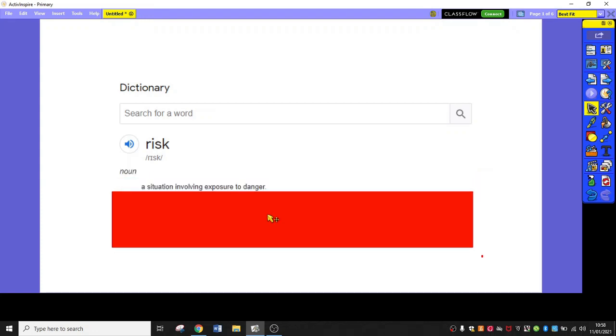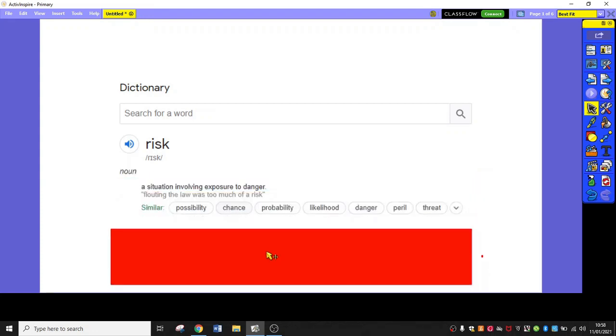As you can see, it is a noun and it is a situation involving exposure to danger. So we need to take that definition and think: in the upcoming scenarios, what is the potential danger for the people involved?